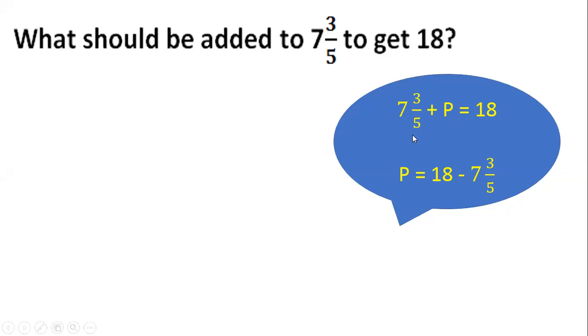So when this 7 3/5 crosses the bridge of equals to and reaches over there, it will change to minus. Is this clear, children? You have already done this in class 6, but the simple technique to remember is that you are just going to change the sign.